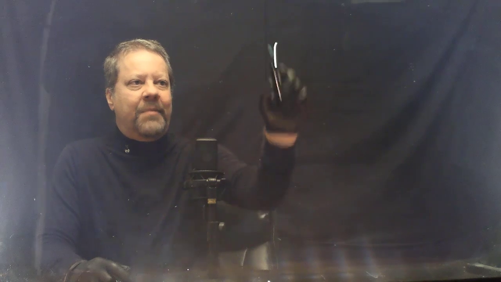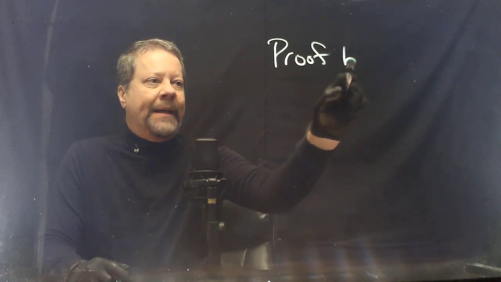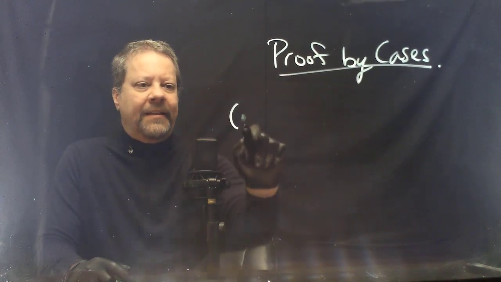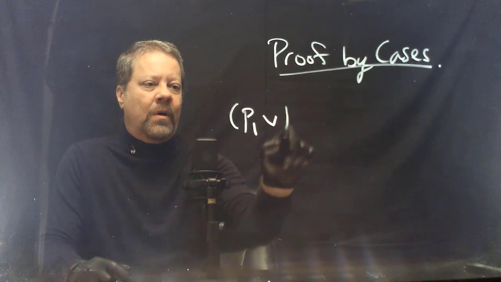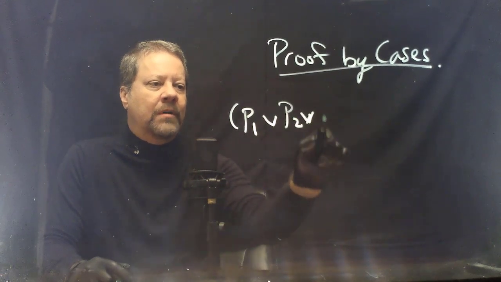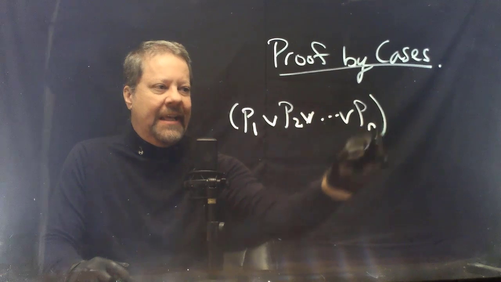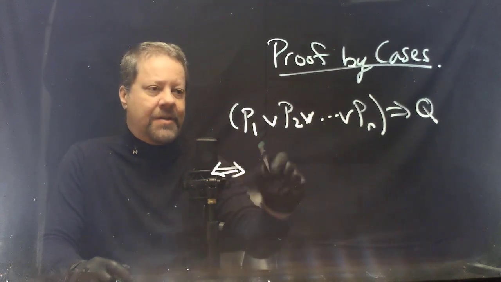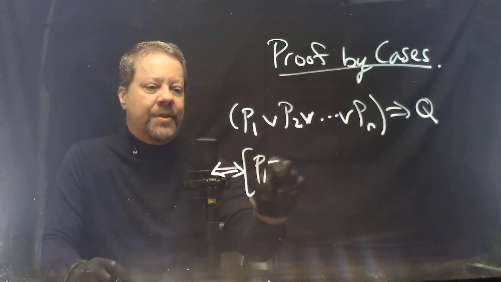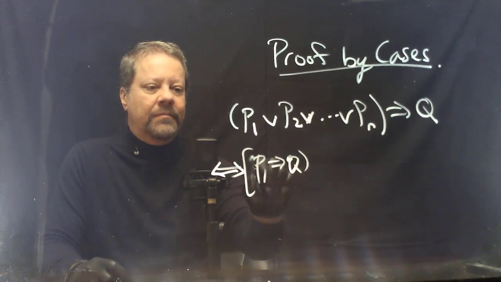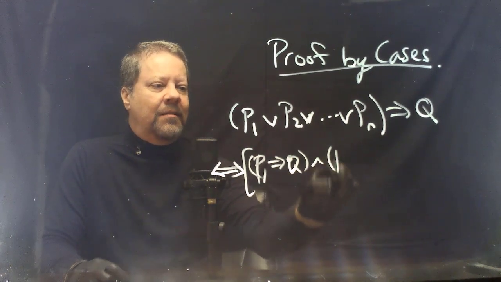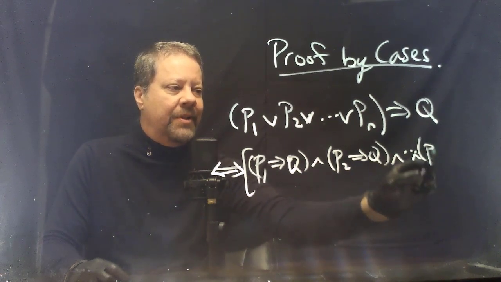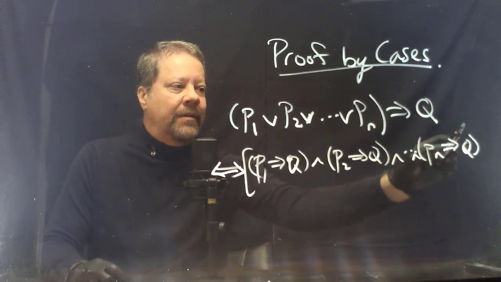We next present something called proof by cases. It's based upon the principle that if you have proposition 1 or proposition 2 or through proposition n implies q, that's true if and only if it's logically equivalent to proposition 1 implies q and proposition 2 implies q and through proposition n implies q.